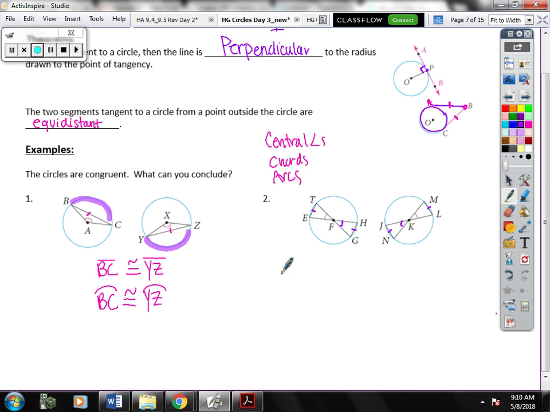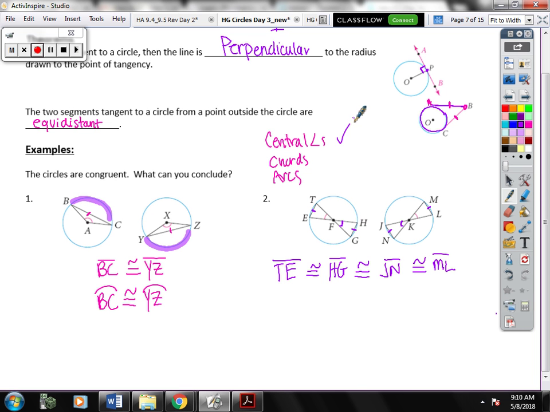We're going to say that segment TE is congruent to segment HG, which is also congruent to JN, which is also congruent to ML. And this is all because we have vertical angles which end up creating 4 congruent angles instead of over here, we just had 2. So we have 1, 2, 3, 4, therefore we should have 4 congruent chords.